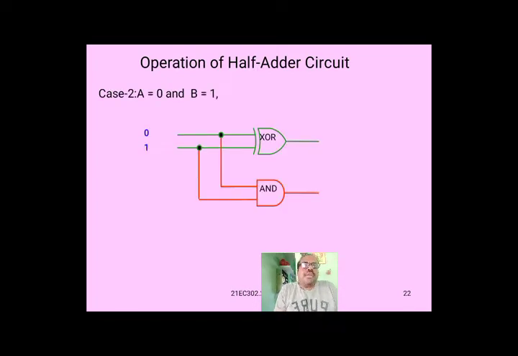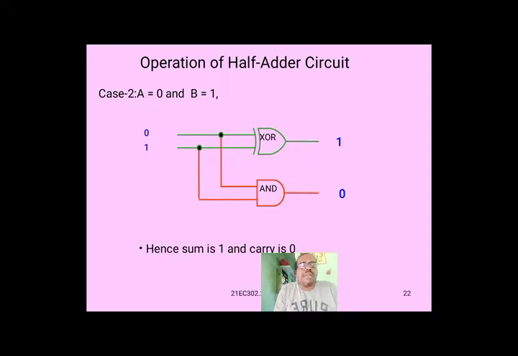Next one, case 2. Here A equal to 0 and B equal to 1. We are giving 0, 1 to the inputs of the XOR and AND gate. Here for XOR gate the output is 1 and for AND gate it is 0.